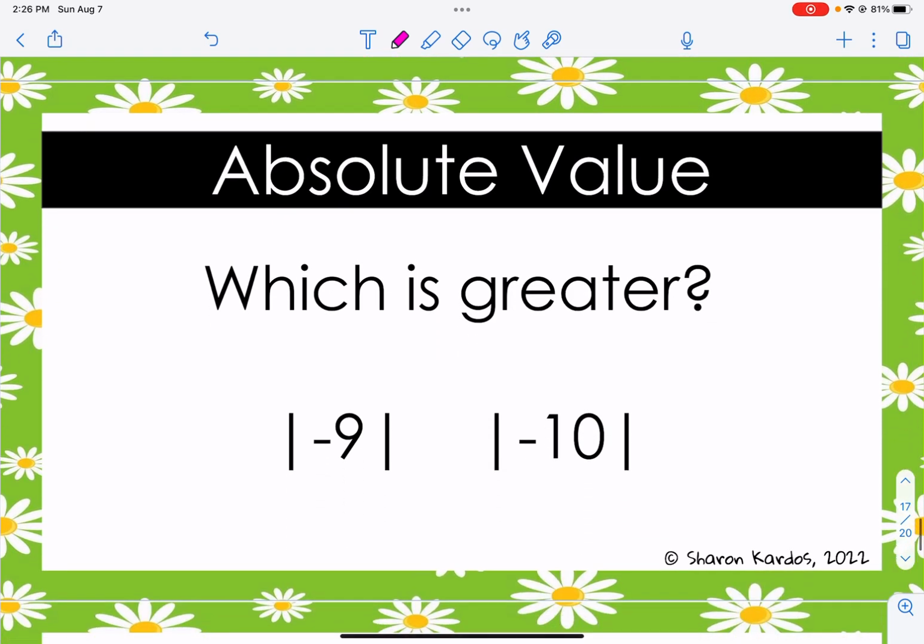Okay, here's another one. Take a minute, think it through. So the absolute value of -9 would be 9. The absolute value of -10 would be 10. So the absolute value of -10 is greater.